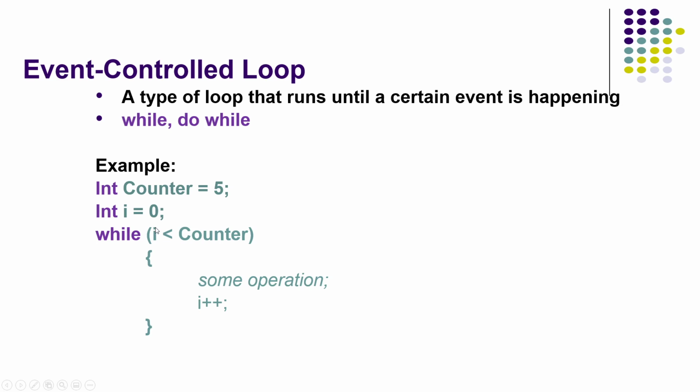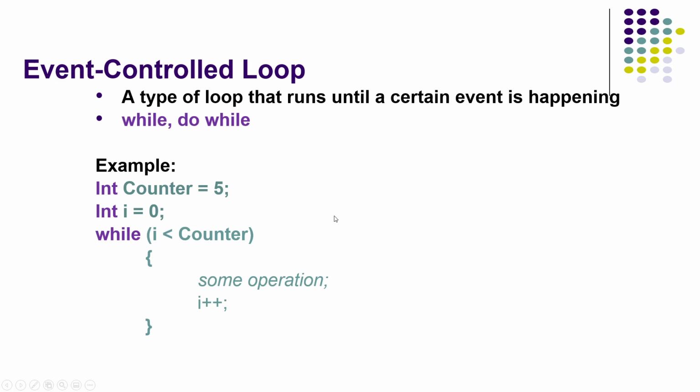It says, okay, the event ran once, and since the counter is still 5, I still have 4 more. Okay, let's do this event again. Then it checks again and updates I again, so I is now 2. It validates again and runs the event. So it runs and runs and runs until a certain event stops happening. That's what keeps the loop alive.